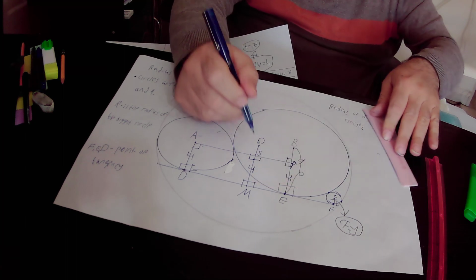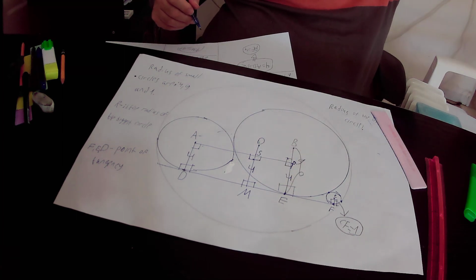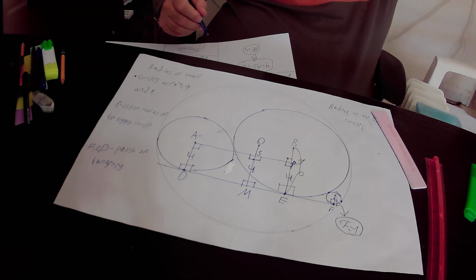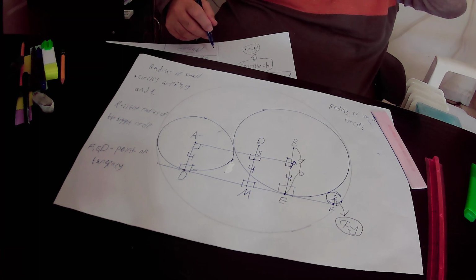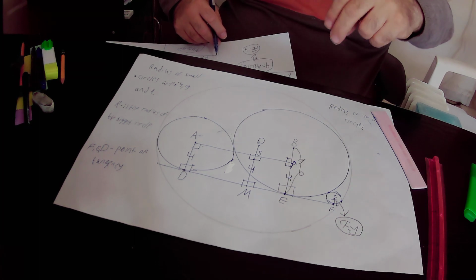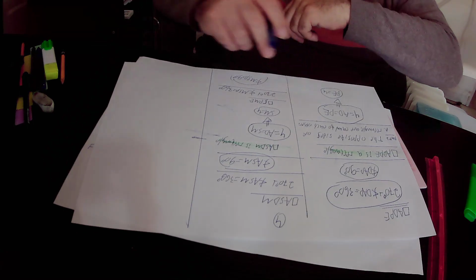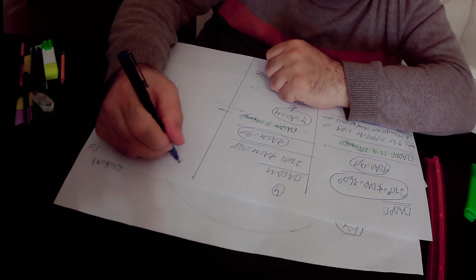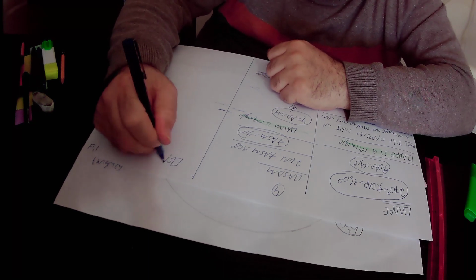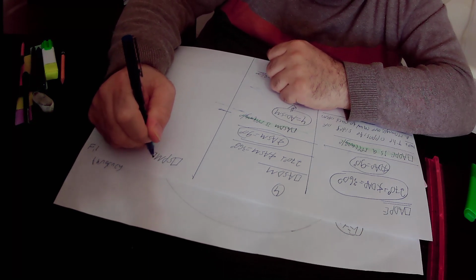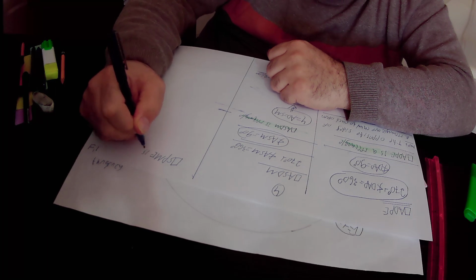And because quadrilateral SPME has 4 right angles, we conclude that quadrilateral SPME is a rectangle.